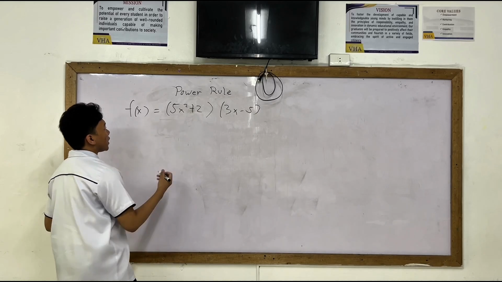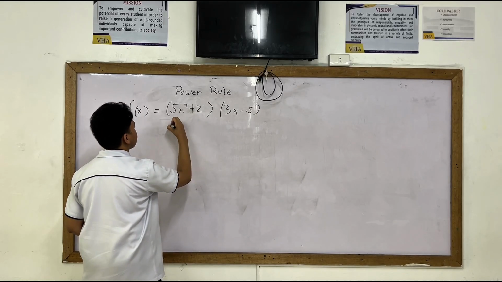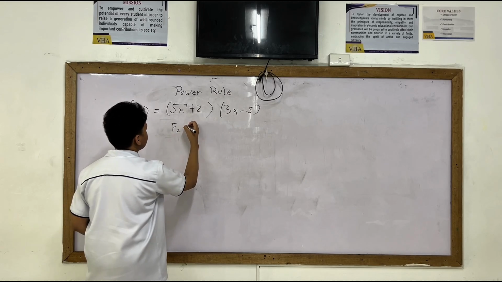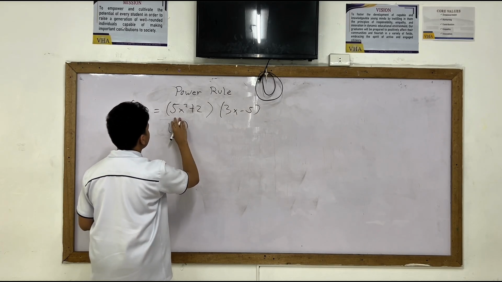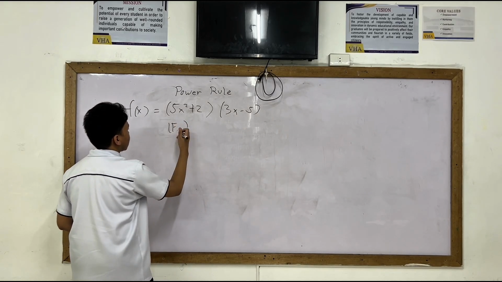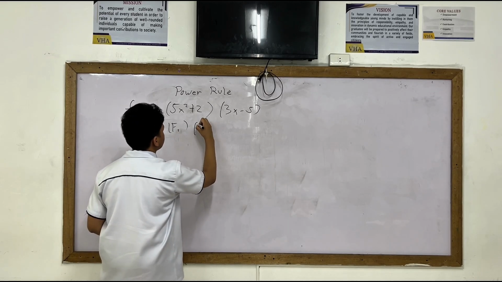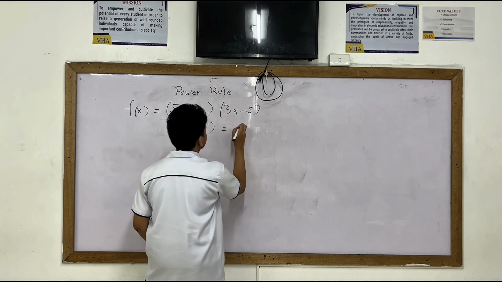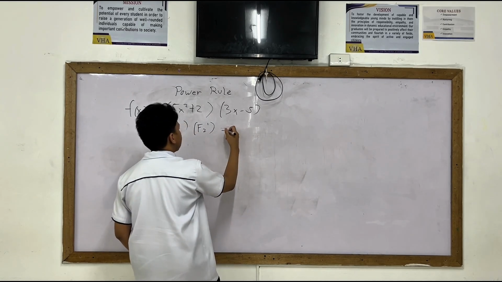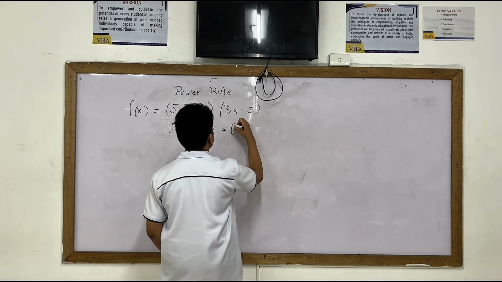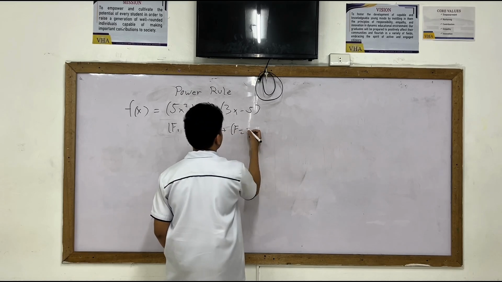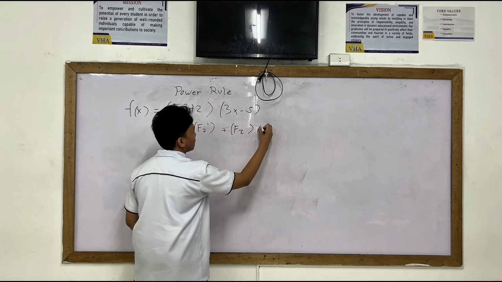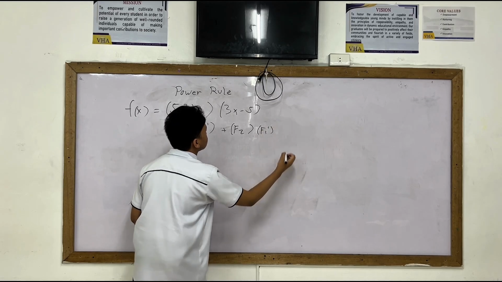With the rule, we have the formula: factor 1 times the derivative of factor 2, plus factor 2 times factor 1's first derivative.